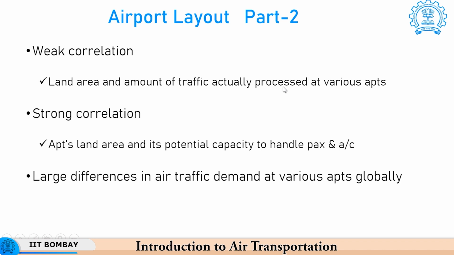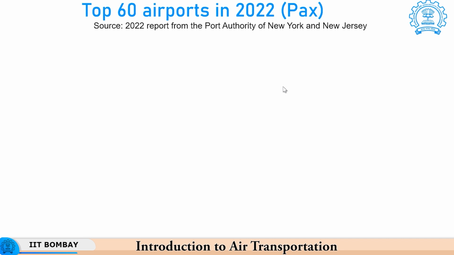Okay. So, because there are large differences in air traffic demand at various airports globally, let us have a look at them. In the recent study published in 2022 by the Port Authority of New York and New Jersey, which operate a few major airports in the New York area, they looked at the top 60 airports in the world, and they looked at two criteria: number of passengers carried and the cargo carried.